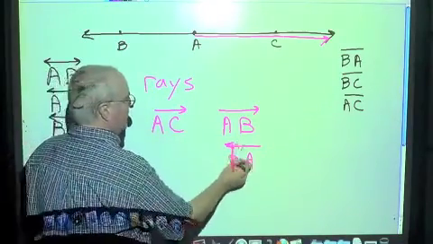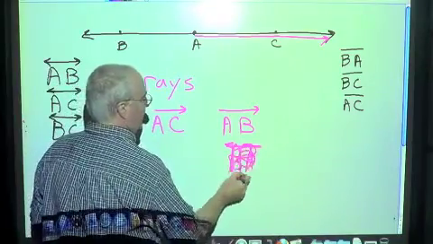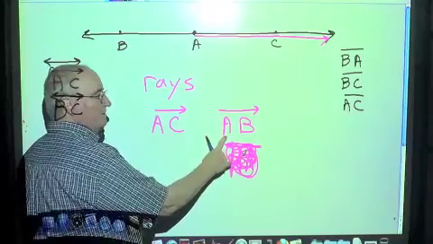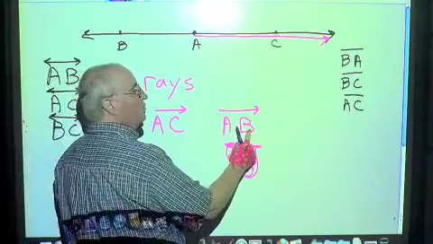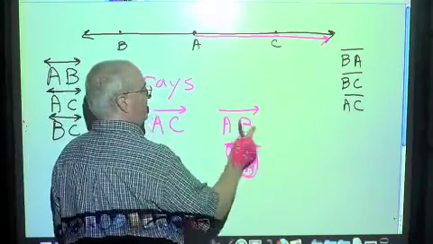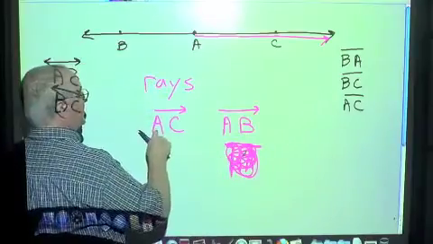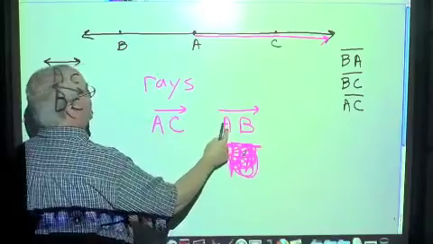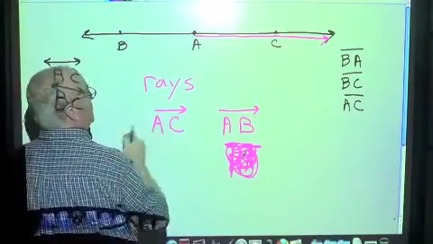Because it has been agreed that we will always name our rays from the starting point, the end point, through the point that continues. Okay? Now, this ray starts at A, goes through C. This ray starts at A and goes through B.